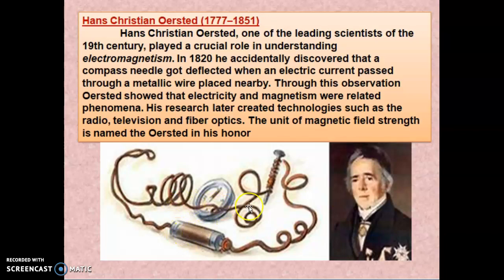He first discovered this with a metallic wire conductor placed over a compass needle. When the electric current is passed, what happens? There is a magnetic effect, which is shown by the needle. The compass needle got deflected when the electric current passed through the metallic wire nearby.